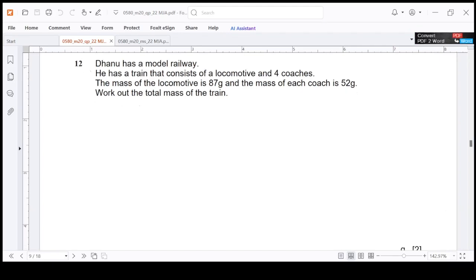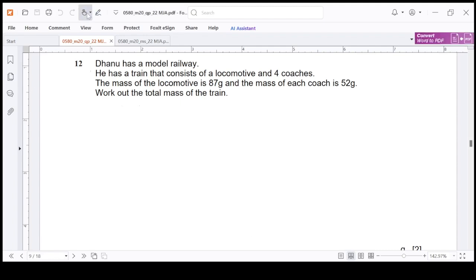Okay, so the next question is that Dahu has a model railway. He has a train that consists of a locomotive and four coaches. The mass of a locomotive is 87 grams. The mass of each coach is 52 grams. Work out the total mass of the train.